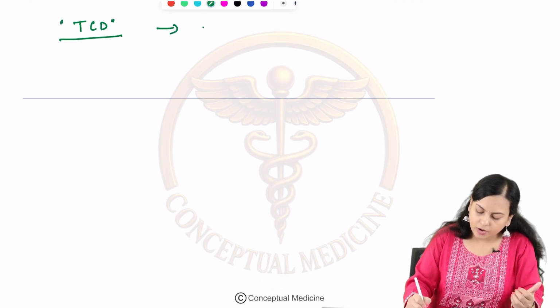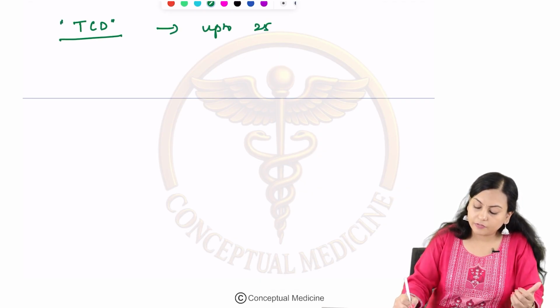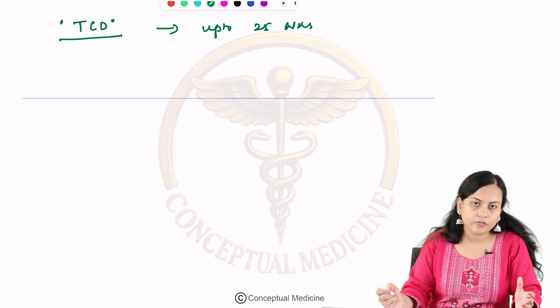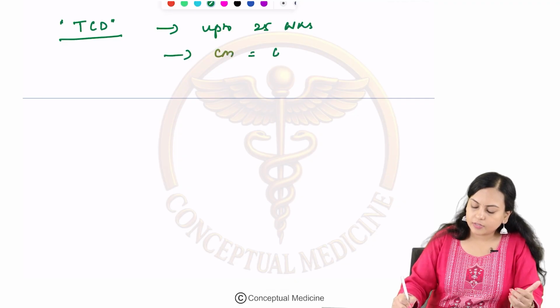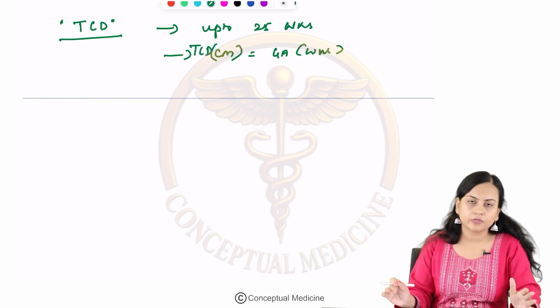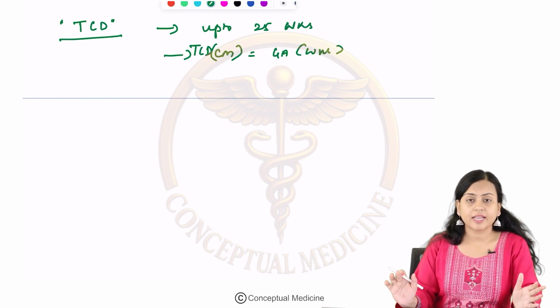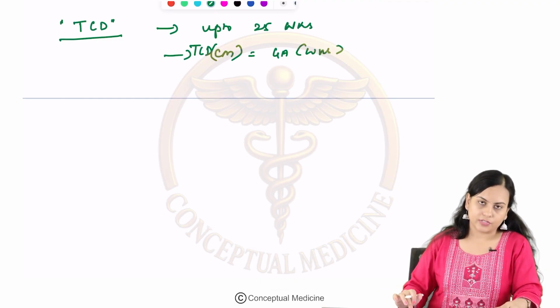Okay, so up to 25 weeks, the measurement of transcerebellar diameter in centimeters is equal to the gestational age in weeks. This can be done up to 25 weeks of gestational age.